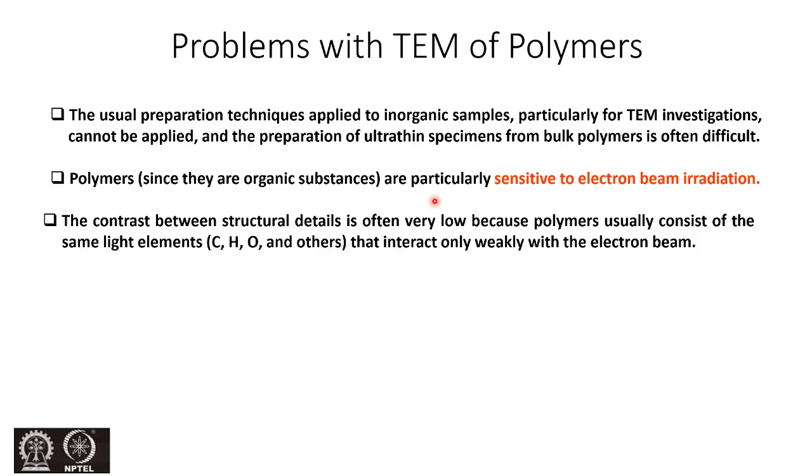Since they contain organic substances, when we put the electron beam on, it sometimes damages the polymer. So we are not able to get very good information, or sometimes we get different information from the sample, which is not useful because the material is already burned, so it will not give us the actual information about the sample.